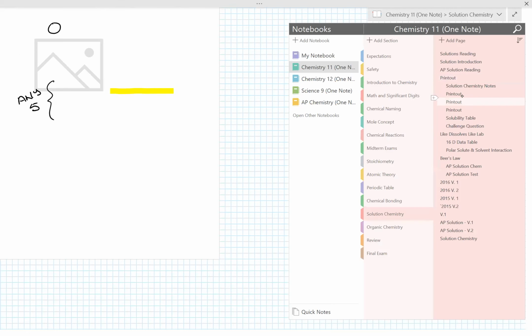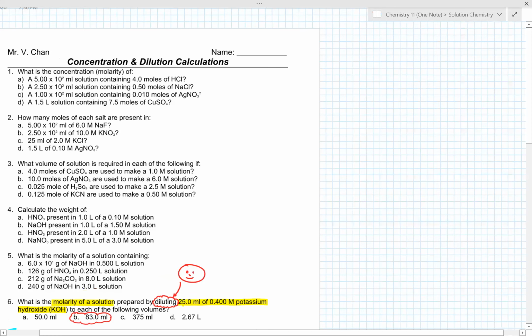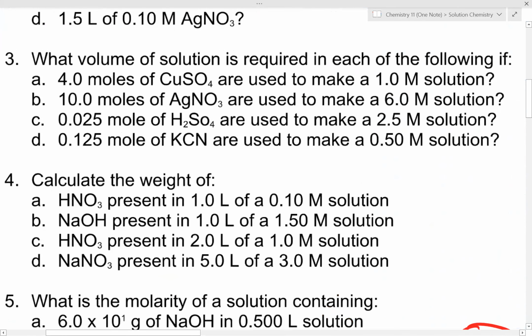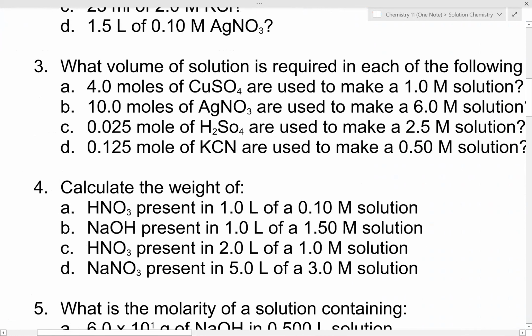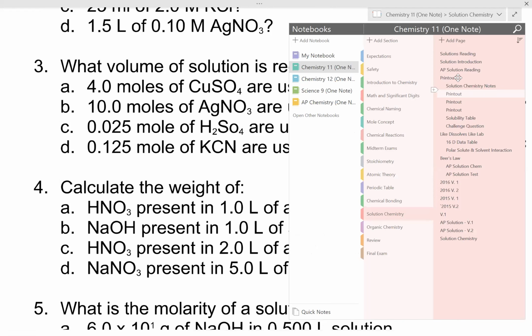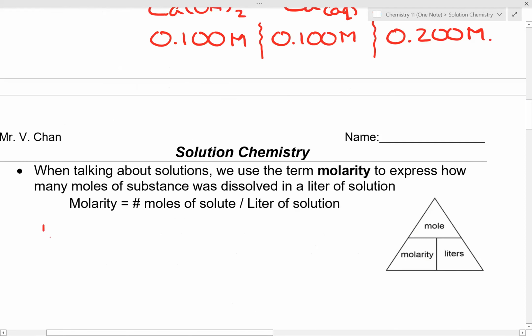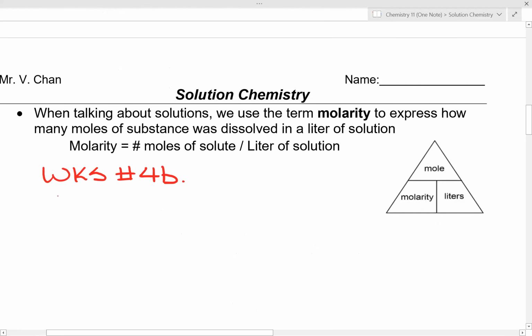Where's my worksheet? Oh, there we go. So let's say, for example, let's have question number 4B. Calculate the weight of NaOH in 1 liter of a 1.5 molarity solution. Okay, so in this case, if we were to take a look at worksheet number 4B, first step is find moles of NaOH.